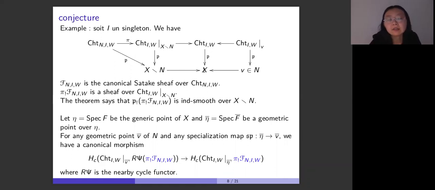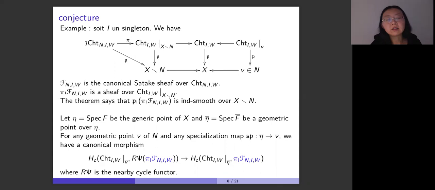And we have the shtuka with level N. This one is defined only over X minus N, defined only outside the level. You have a map from shtuka with level to the restriction of shtuka without level on the level.